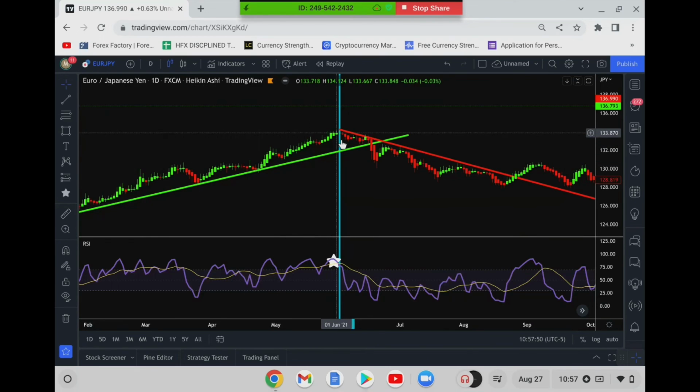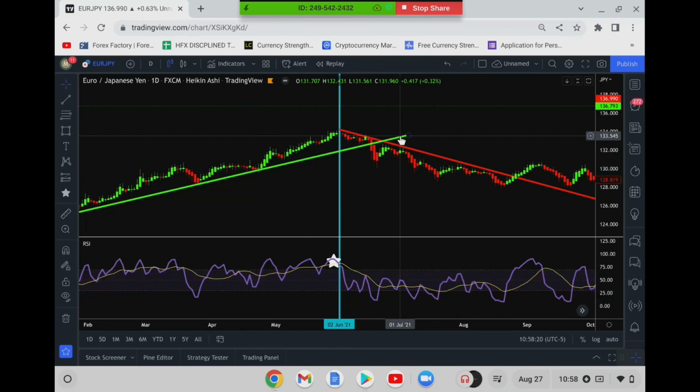But then once we got this overbought signal, not only did we get an overbought signal, we had the RSI cross below our yellow moving average, as well as below our 70, our overbought line, right? And then if you take a look at the top, if we would have been patient, we would see that price then broke our uptrend, right? It broke our trend line that was moving upwards.